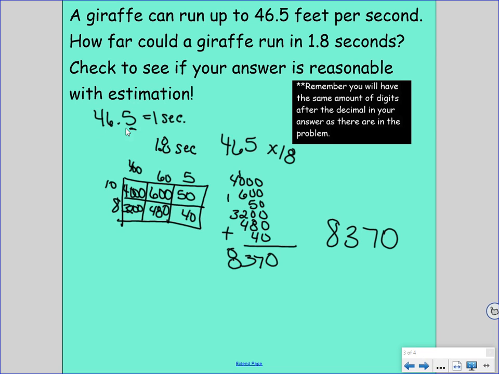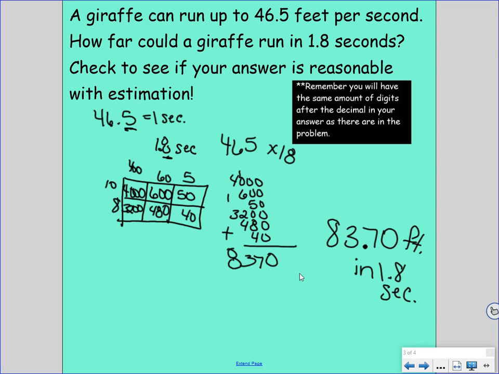Well, this only has 1 digit after the decimal, and this number has 1 digit after the decimal. So that means altogether there should be 2 digits after the decimal. So our answer is 83 70/100 feet in 1.8 seconds.